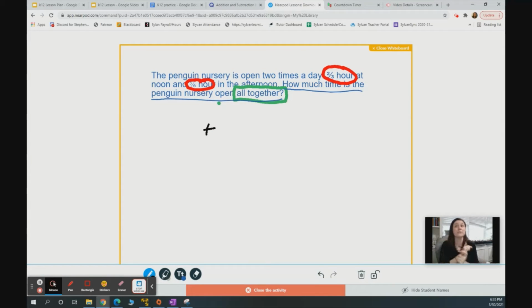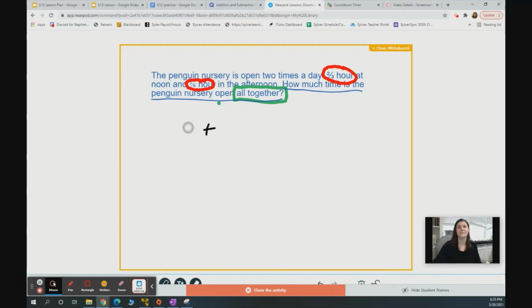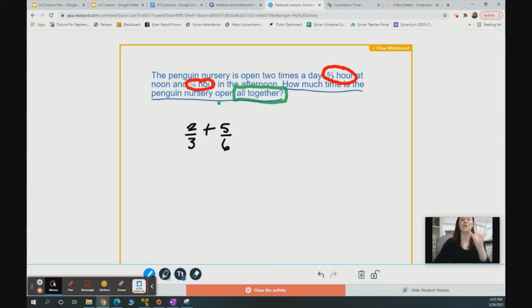Well, it says it's open 2 times, and my 2 times were 2/3 hour and 5/6 hour. Okay, so that means that I have the problem 2/3 plus 5/6.